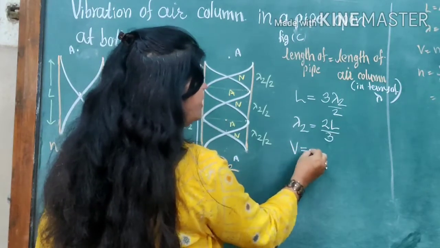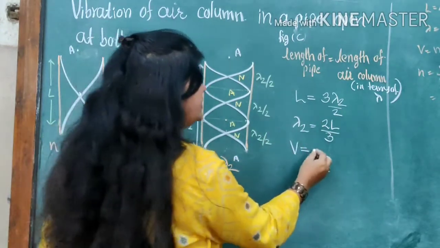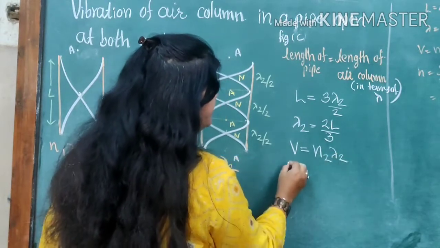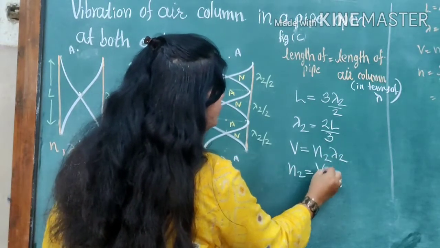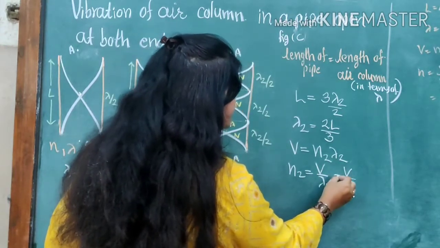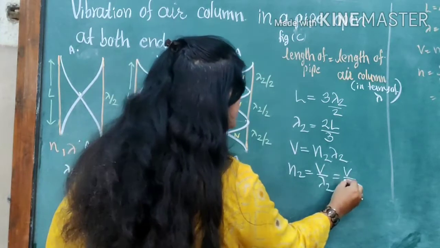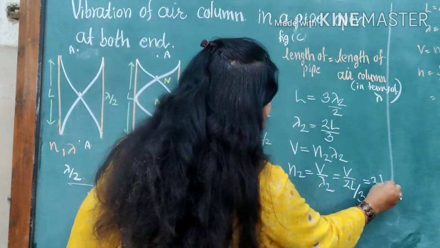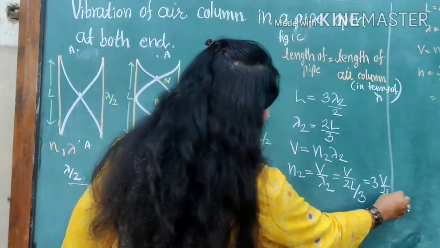Then the basic formula V is equal to n2 lambda 2 for the third mode of vibration, so n2 is equal to V upon lambda 2. Putting lambda 2 as 2L by 3, this gives us 3V by 2L.